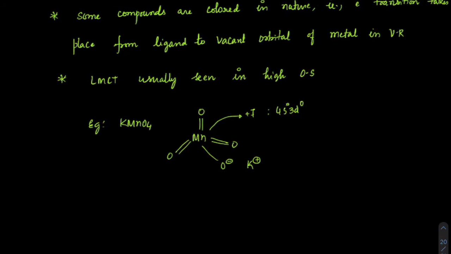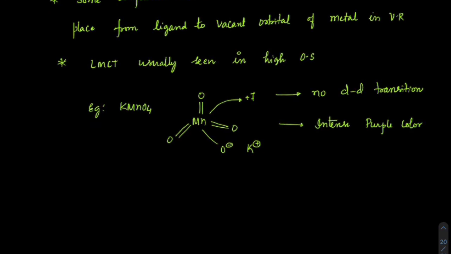So since there are no unpaired electrons, there is definitely no DD transition here. But still we will see it has an intense purple color.